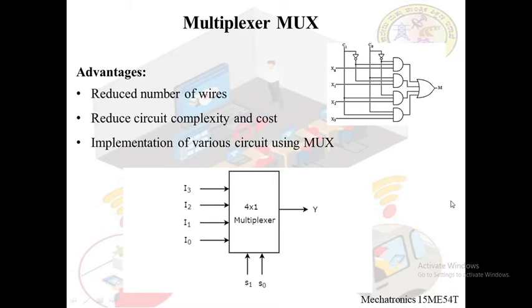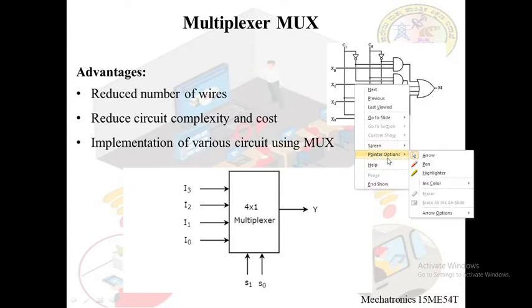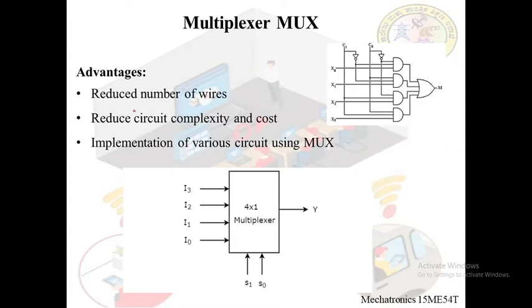The multiplexer has an advantage because it reduces the resources needed. Here with the data selector multiplexer, we avoid a separate line for each input. If there are 4 inputs, we might need 4 different lines, and this is avoided by using a data selector.